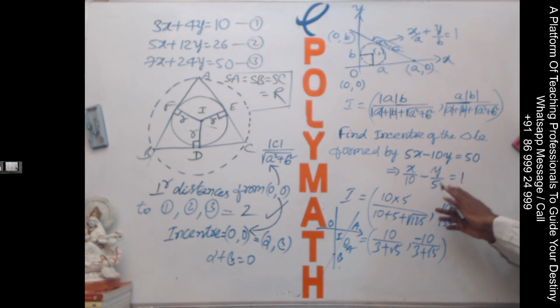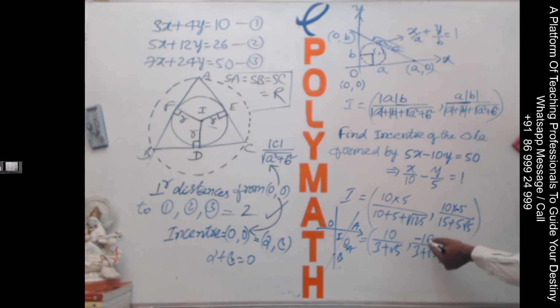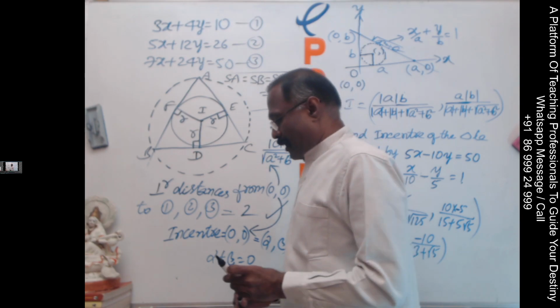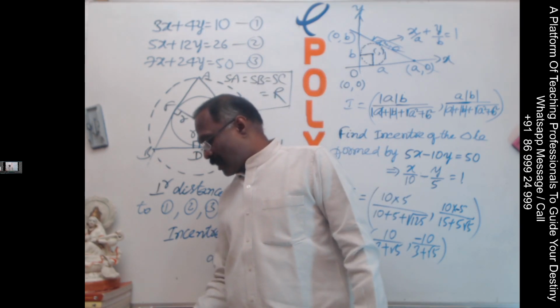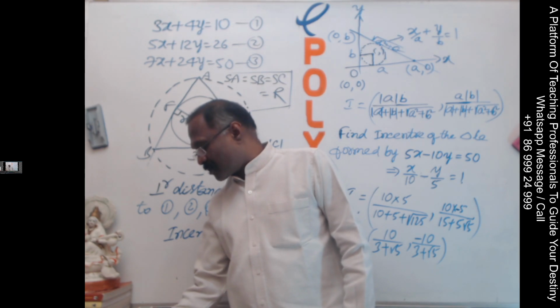And B as it is taken, 5. A is positive, taken as it is. But B is negative, no? B is negative. That is why you have to write minus B there. This is minus 5, so that becomes obviously minus 10. So this is the formula. This is a short form for incenter. Okay. So these are the centers of the triangle.